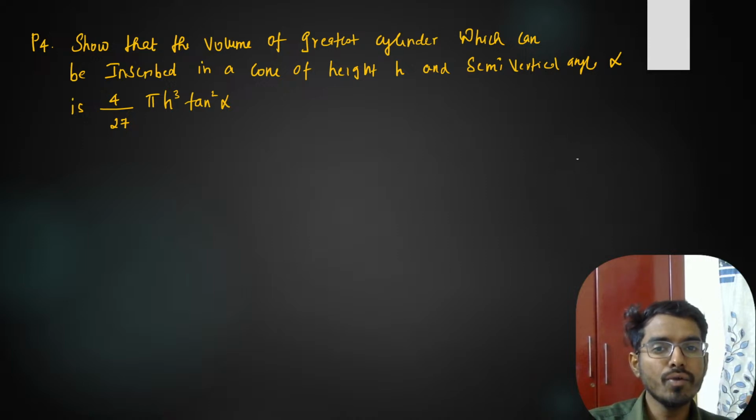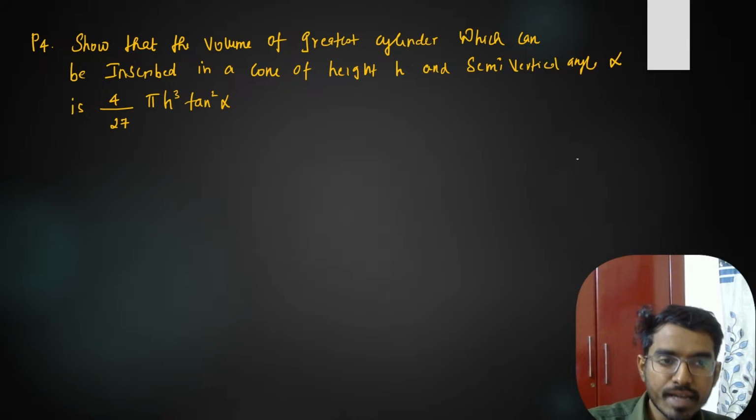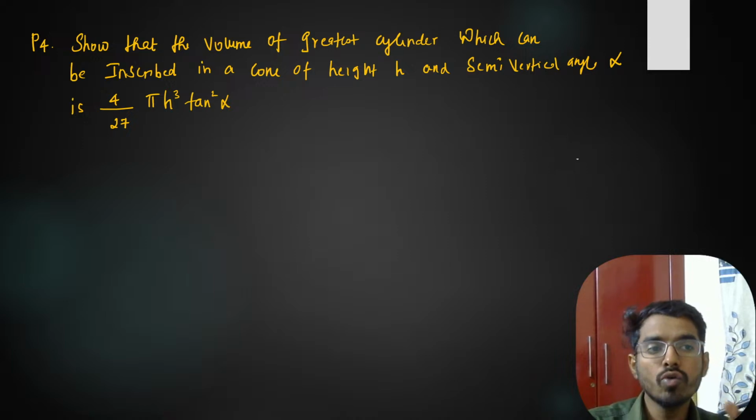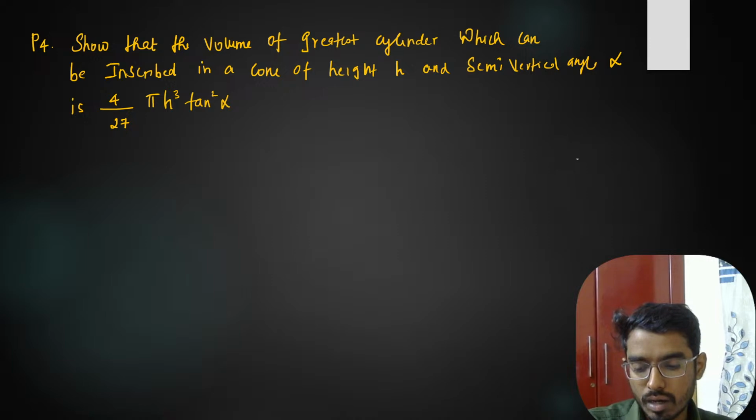For the cone, you know the semi-vertical angle alpha and you know the height h. You need to show the volume of the greatest cylinder is given by 4 by 27 pi h cube tan square alpha, right?